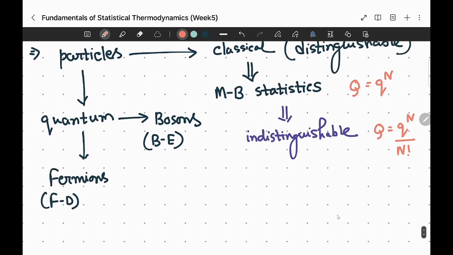But for quantum mechanical particles, bosons and fermions, you can't relate the canonical partition function and the molecular partition function, capital Q and small q, because they are interacting particles. In a boson, you know that in one state there can be more than one particle, while in a fermion there will be only one particle. So it's not just difficult, it's impossible to relate capital Q and small q.